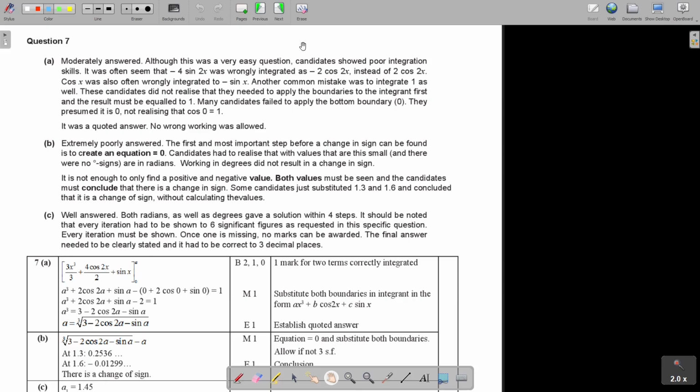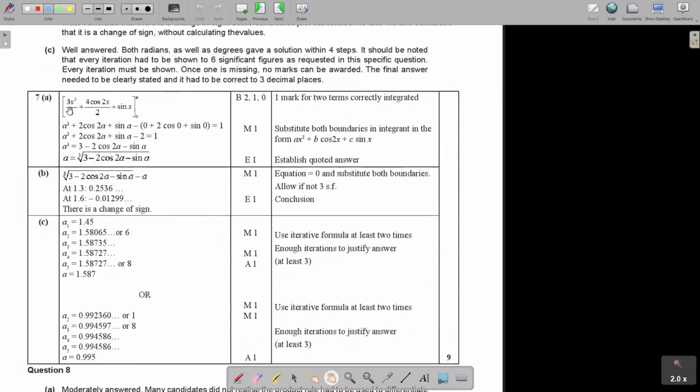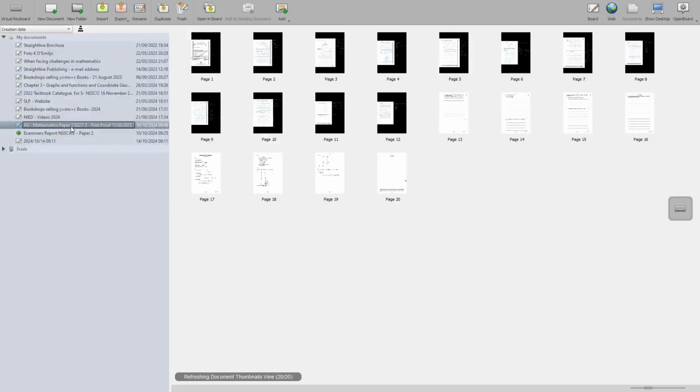Because remember the cos graph? It starts there on the top. Okay, so let's just look. There was the integration. So it seems to me you already got 2 marks there for the integration, and then putting it equal to and then establishing that answer. Okay, so let's go back to the question paper. I just want to show you quickly.